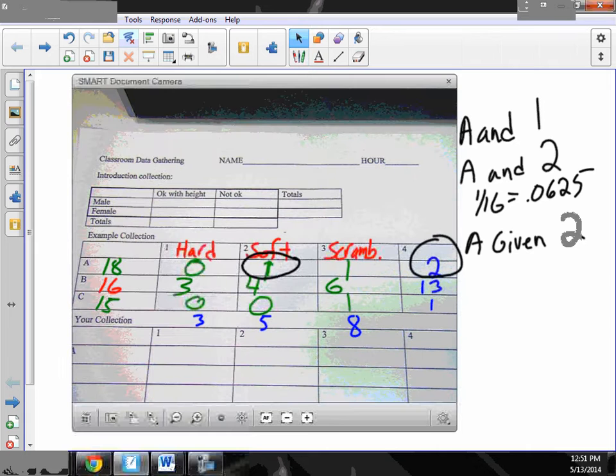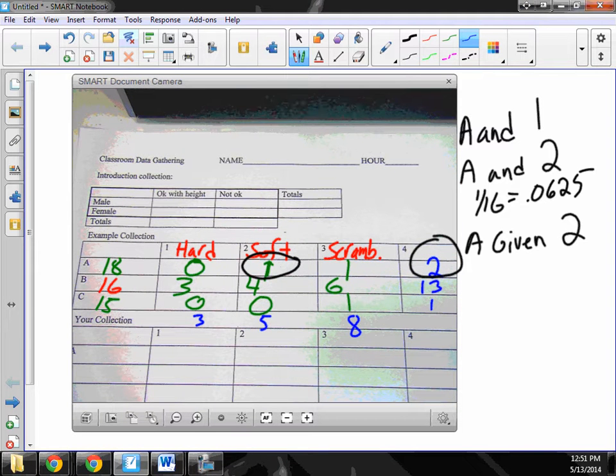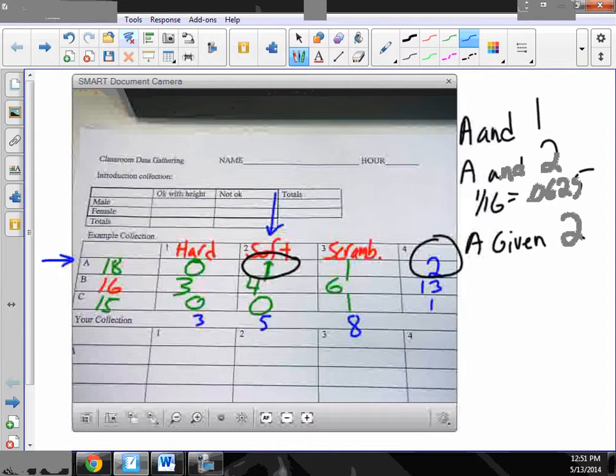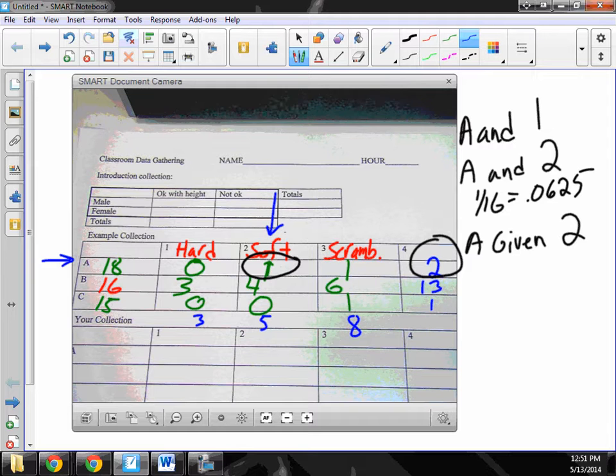So it says, what is the chance that you are in a row given that all the people you're looking for are in column 2? 1/5 or 0.2. Does that make sense? So what is the chance of the people in column 2 being 18? So 5 people liked soft eggs, and only one of those was 18. Okay, which is different from 2 given A.